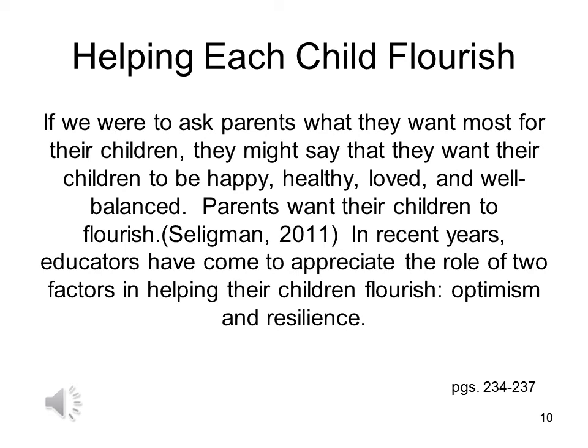And so what we've really come to realize is that there are two factors that can really help children flourish, and that is if we can instill optimism and resiliency in them. And of course, optimism is just the belief that good things will happen, and that any negative events that occur are just minor setbacks and that we can overcome those.